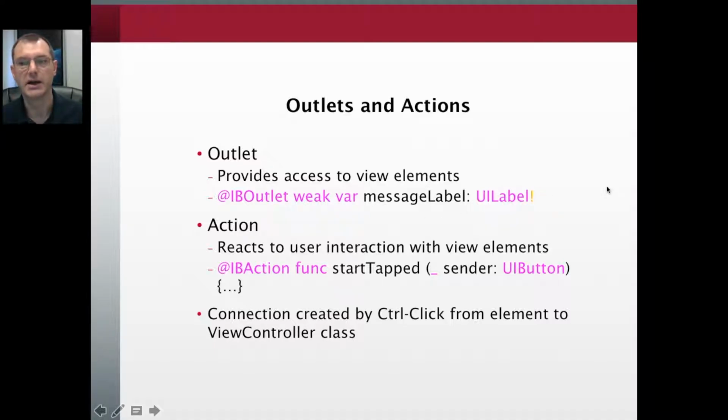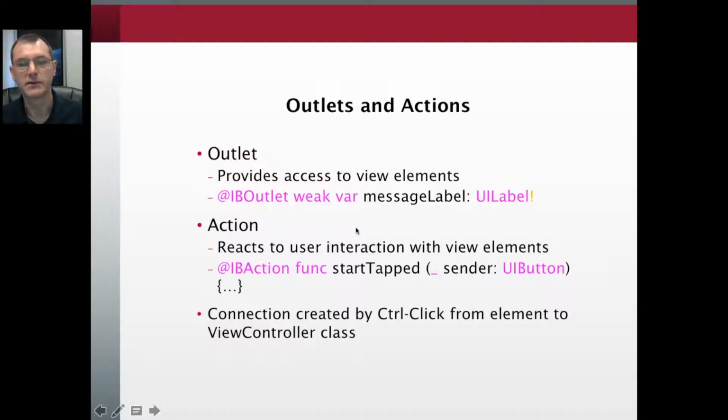Again, this will be created automatically for us when we make the connection. As I mentioned down here, this connection is created by holding down the control key, clicking on the label in the storyboard, and then dragging it into the code. At that point, it will create this variable definition for us.